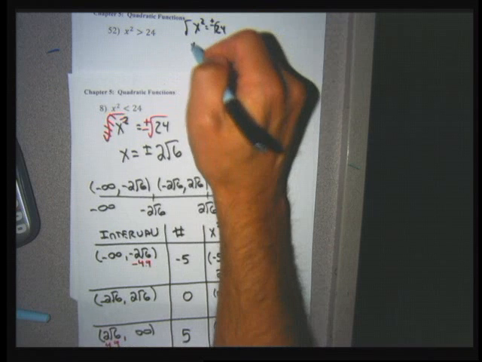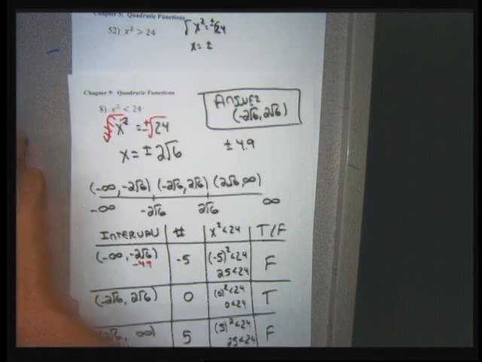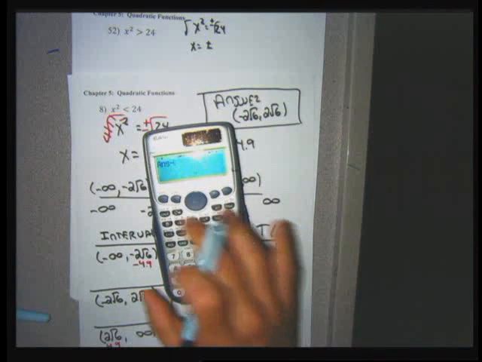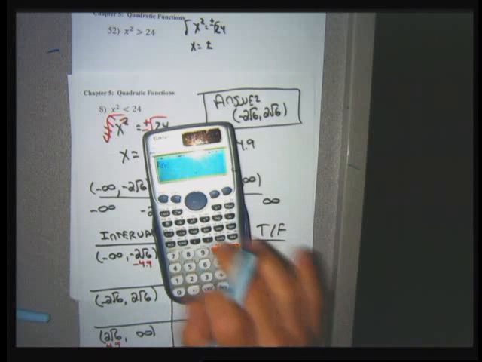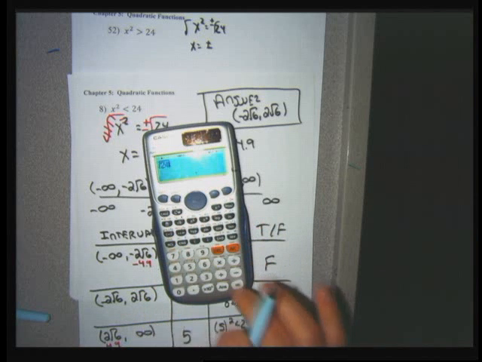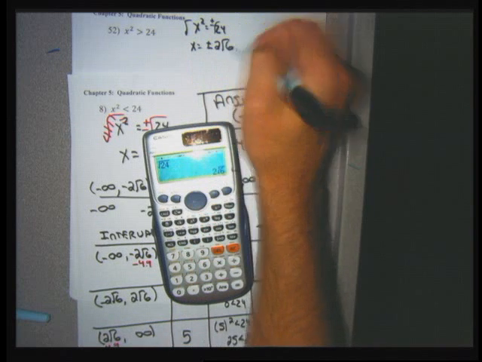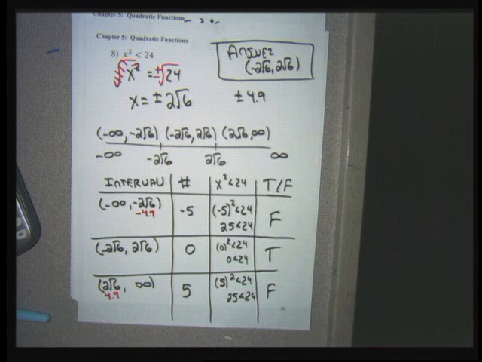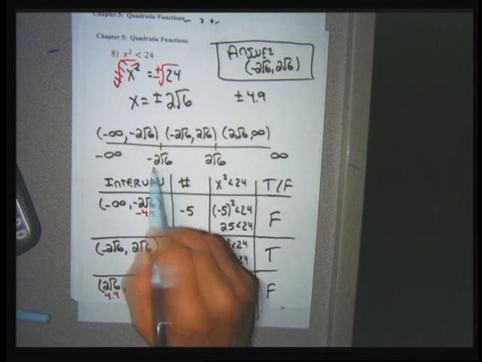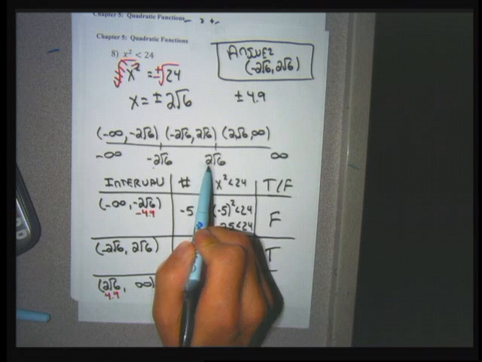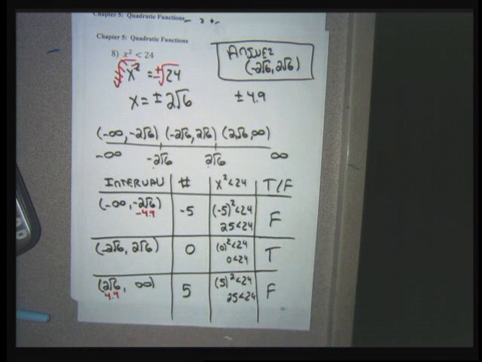This would give me x equals plus or minus the square root of 24, and the square root of 24 is 2 square root of 6, which I already did when I did problem 8. And that's going to make me put negative 2 square root of 6 and positive 2 square root of 6 on the number line with infinities on my edges.